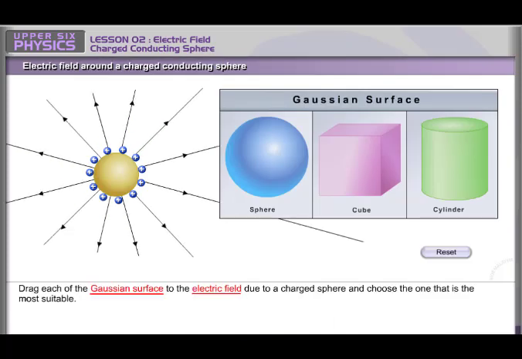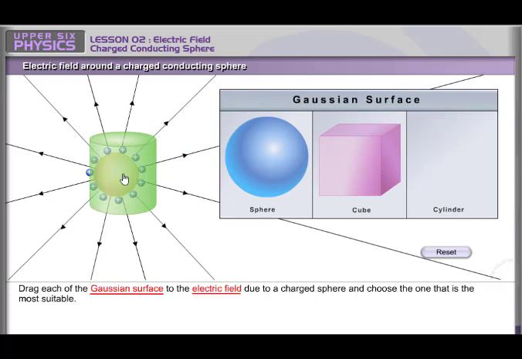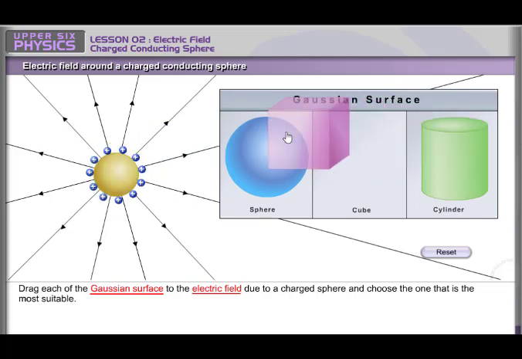Drag each of the Gaussian surfaces to the electric field due to a charged sphere and choose the one that is the most suitable.